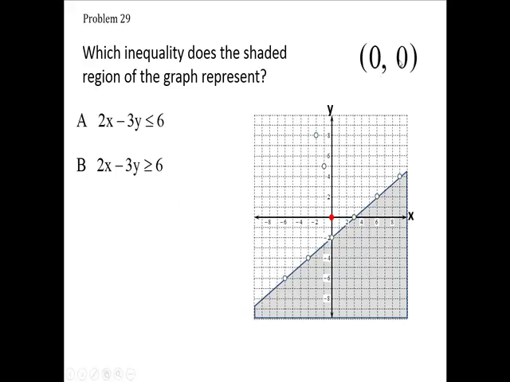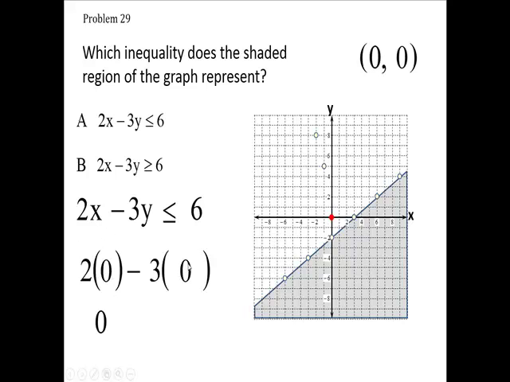So my origin is 0, 0. And let's use the first inequality, the one with less than. If we get a true statement with the origin, well, we shouldn't, because the origin's not part of the answer. Plug in 0 and 0.